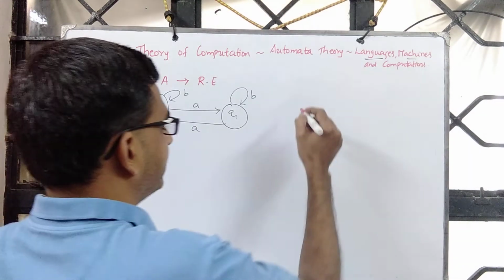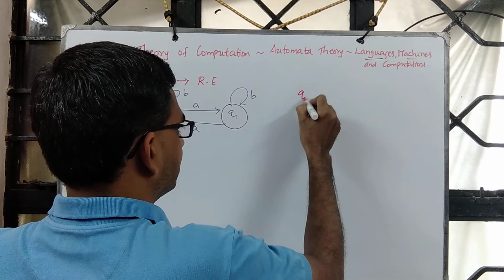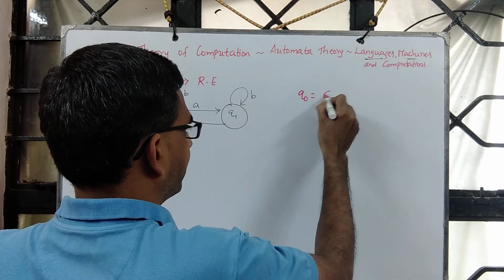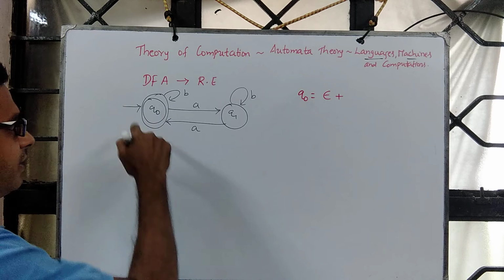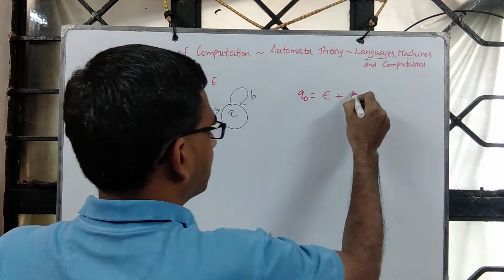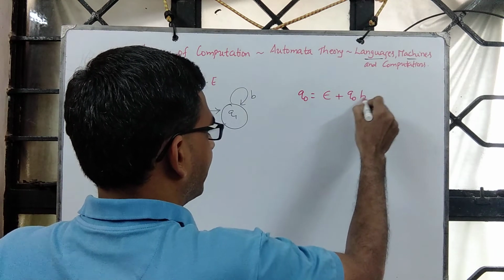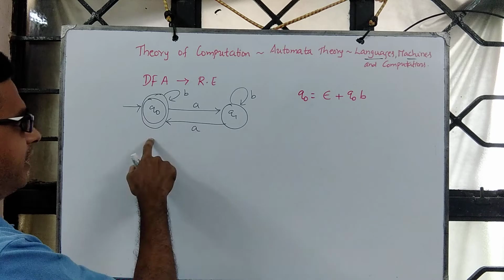If we follow our procedure, it says Q naught equals epsilon plus, we should write the incoming arrows, state followed by the input symbol.